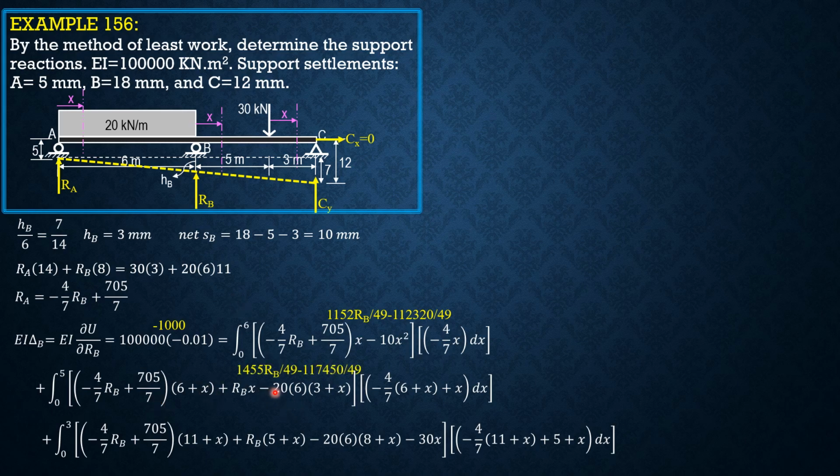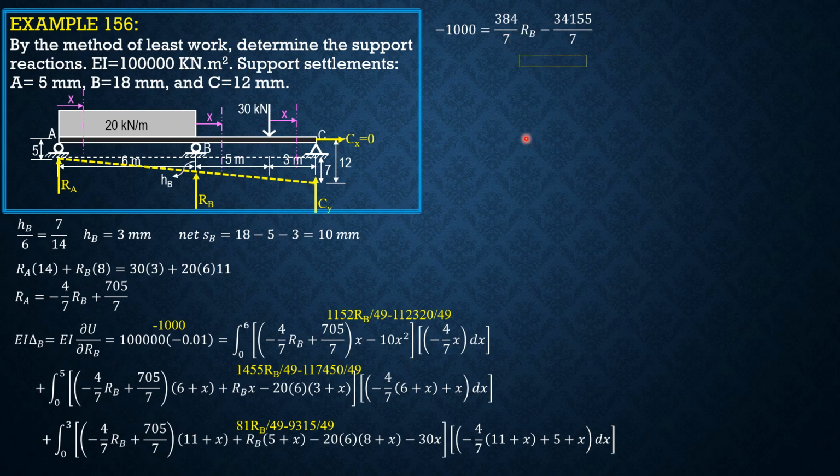So 1455 RB over 49 minus 117450 over 49. And for the last integral, by experience, you just evaluate this quantity squared, 0 to 3. That's the coefficient of RB, 81 over 49 RB. Then for the constants, 9315 over 49. Simplifying, negative 1000 equals the combined RBs here, 384 over 7 RB, then combine the constants, negative 34155 over 7.